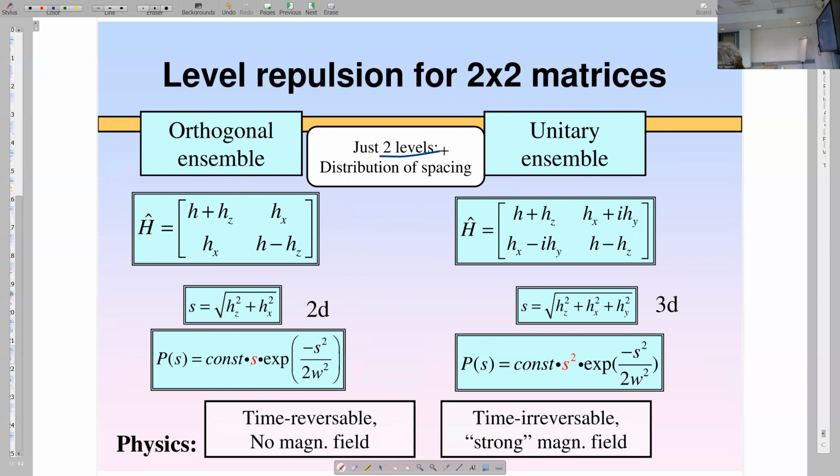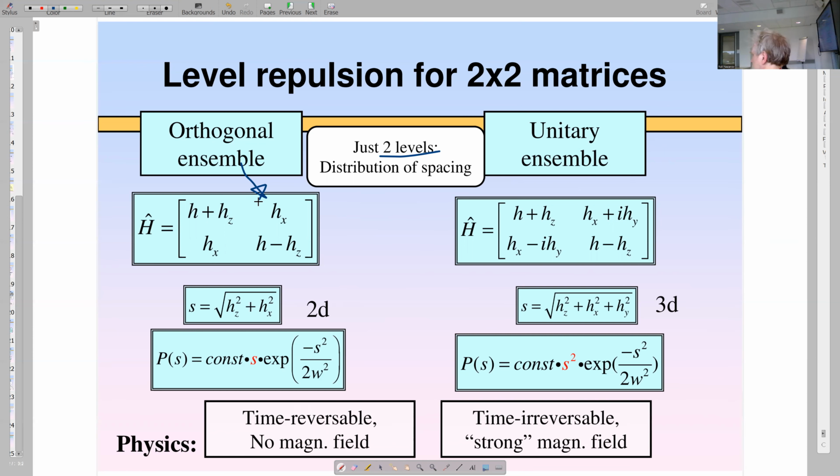This matrix is symmetric. And if your quantum system has time reversibility, you can express it with the help of a symmetric Hamiltonian, completely real Hamiltonian, because it's Hermitian.